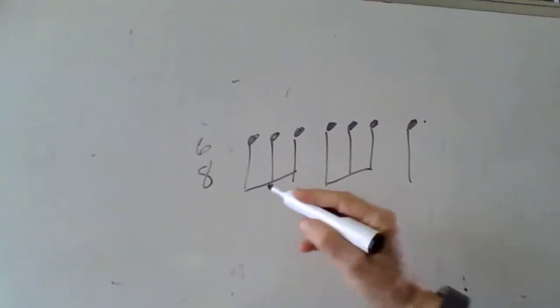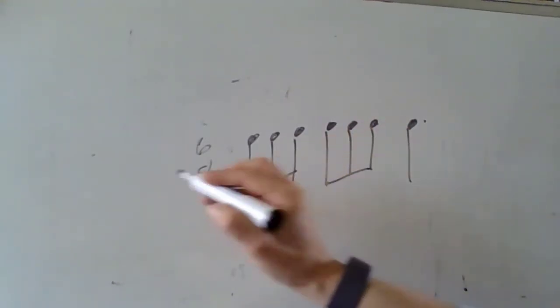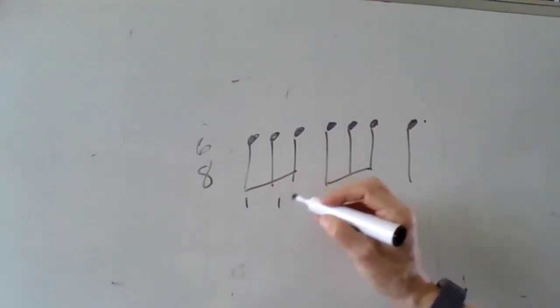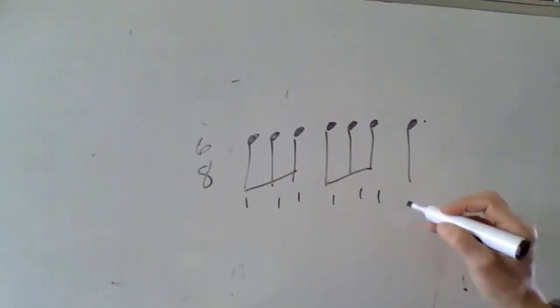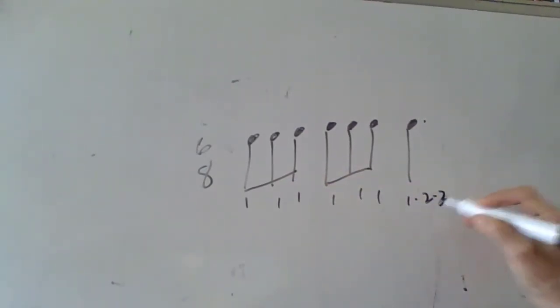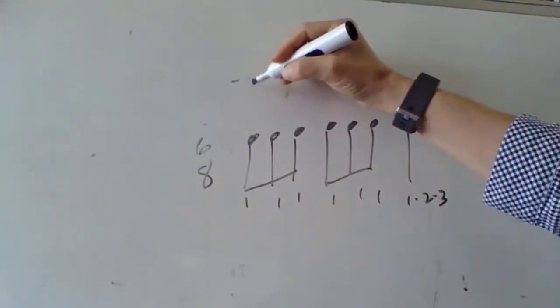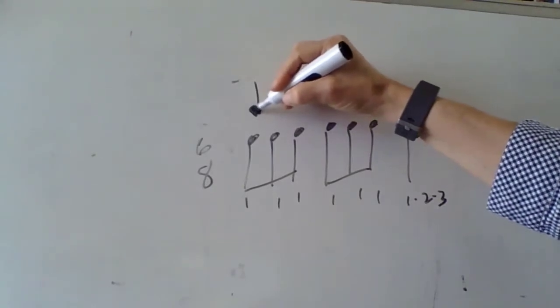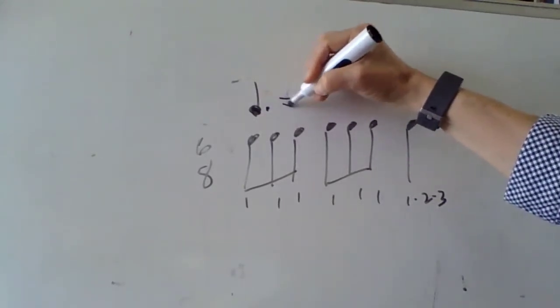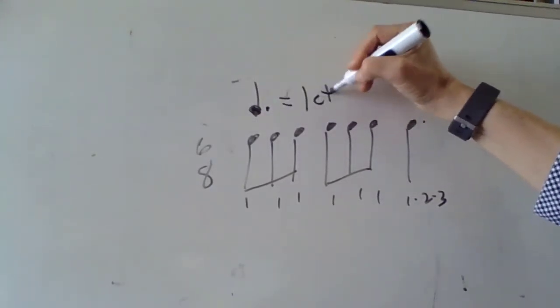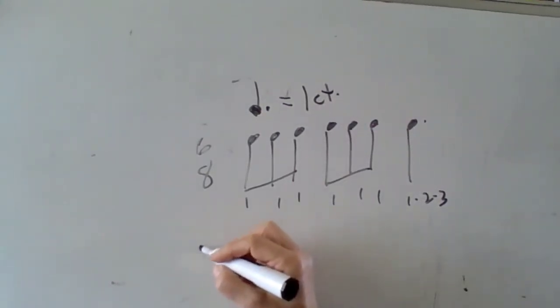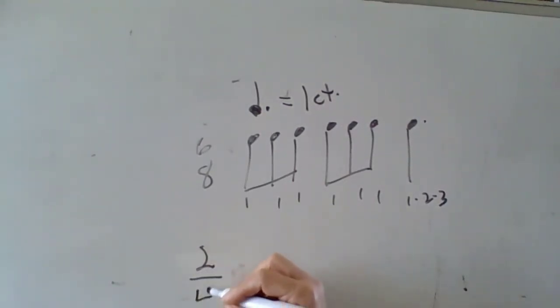Okay, so if we look at the 6/8 time here in the traditional way, there's 1 count each, 1, 2, 3 for the dotted quarter. But when we add in the interpretation that a dotted quarter equals 1 count, suddenly it becomes like 2/4 time.